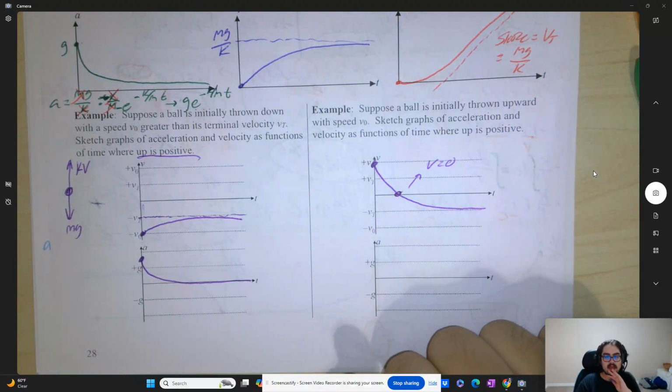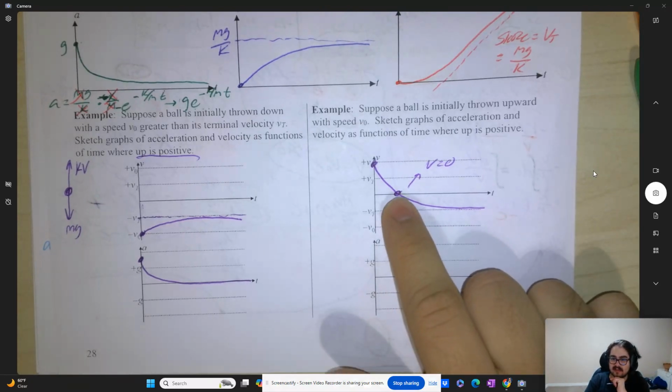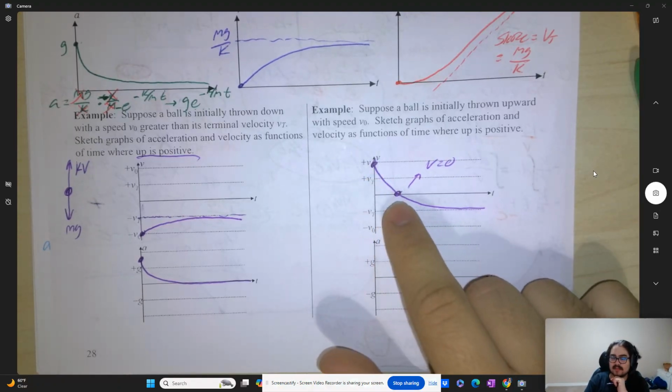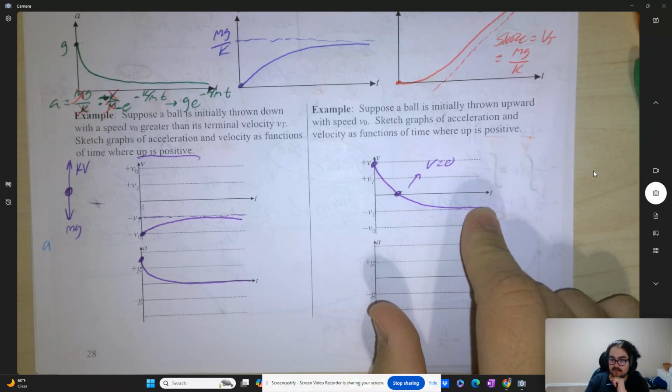When you throw a ball up, it hits a maximum height, stops momentarily, and then comes back down. That's what this part represents. Your velocity goes up, up, up, gets to the maximum point, and then starts to fall back down.